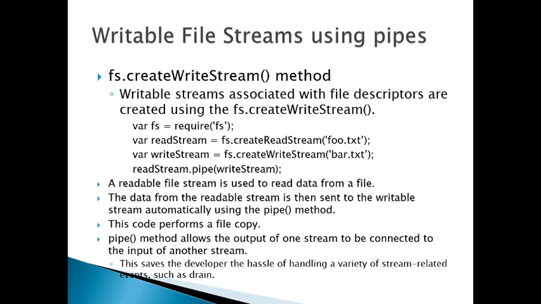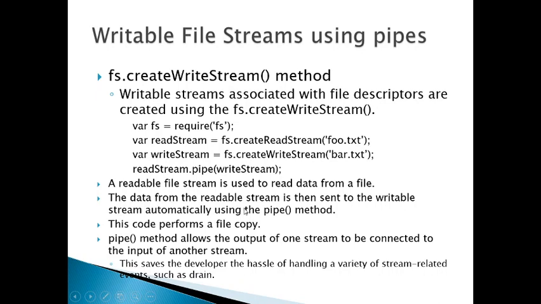And you can pipe to actually anything. You can pipe to the browser, you can pipe to a file, etc. We have seen this code: require fs, readFile, writeFile, pipe. A readable stream is used to read data from a file.